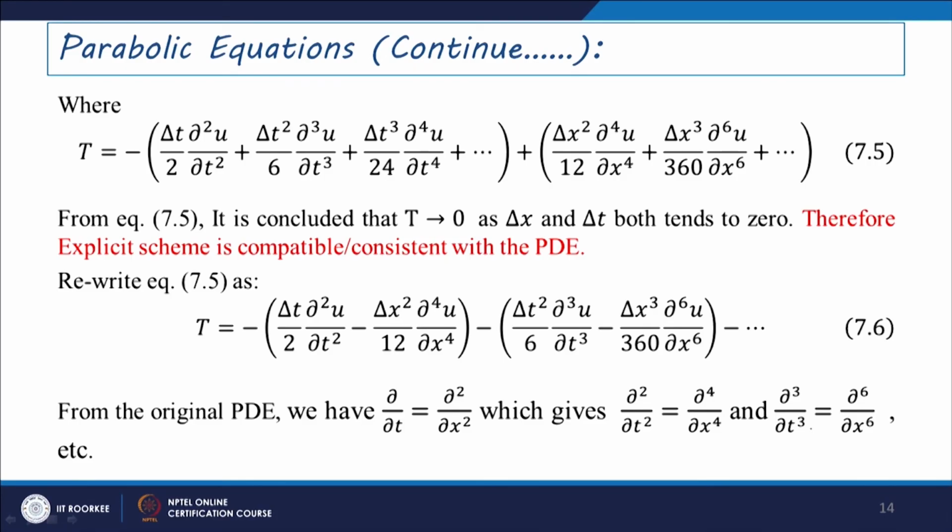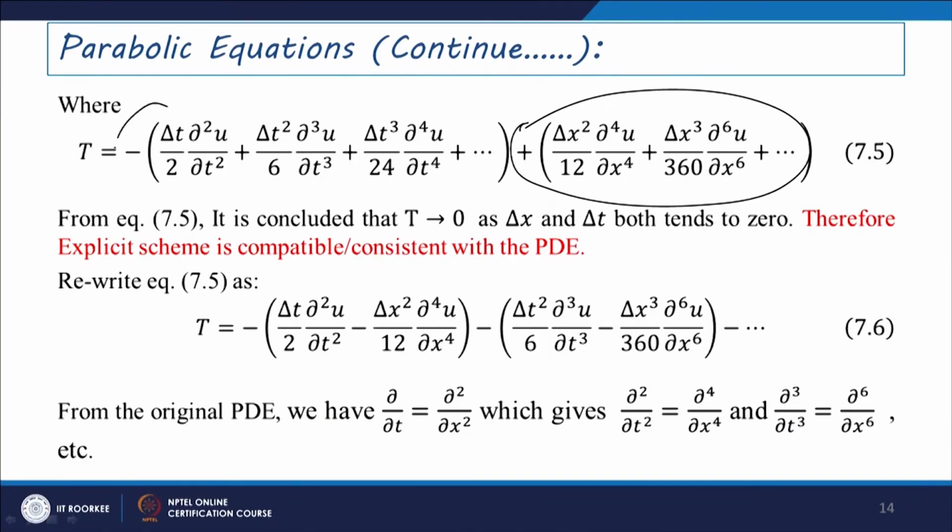Since we are taking the difference to the left hand side, this term is positive here and this term is negative. From this equation we can conclude that T tends to 0 whenever del x and del t both tend to 0, since this is the multiplied factor associated with both these terms here. Therefore, the explicit scheme is compatible or consistent with this partial differential equation.